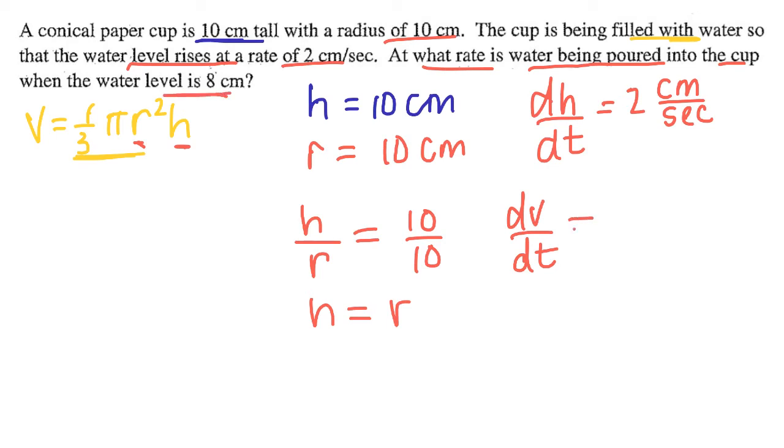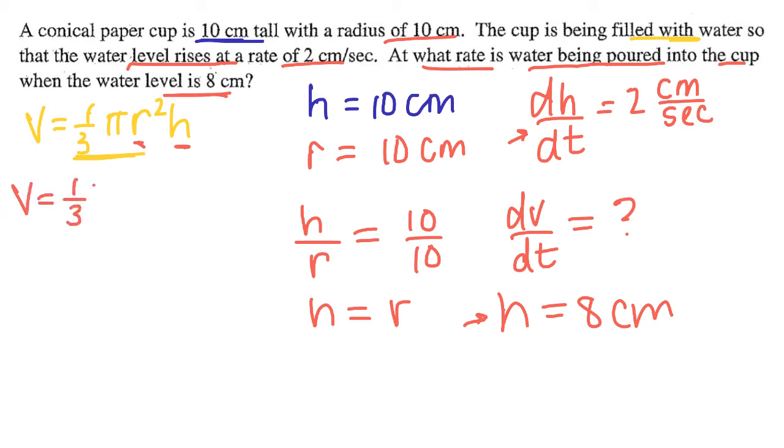So we don't know this, but they gave us another height value: the height is 8 centimeters. So now it looks pretty clear that we need to replace R with H, because we're looking for volume, and I'm given dH/dt. It looks like all of my information is in terms of height. So over here, I would simply rewrite my volume formula.